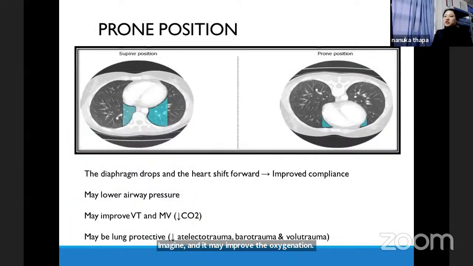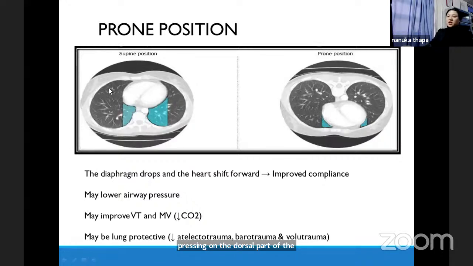In this picture, we see a CT scan of the lungs in supine position and in prone position. In supine position, you have the heart and the mediastinal structures pressing on the dorsal part of the lungs, as you can see from this image.